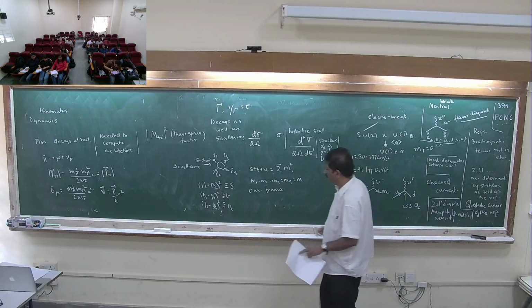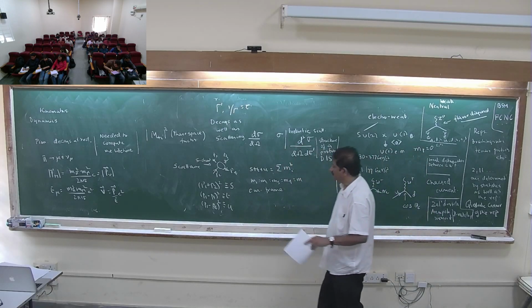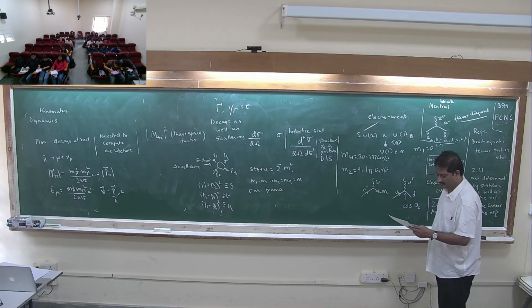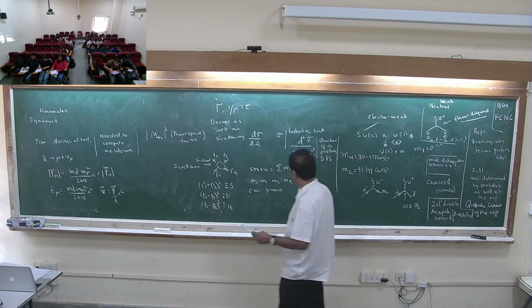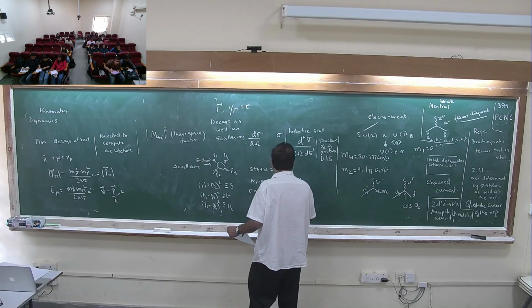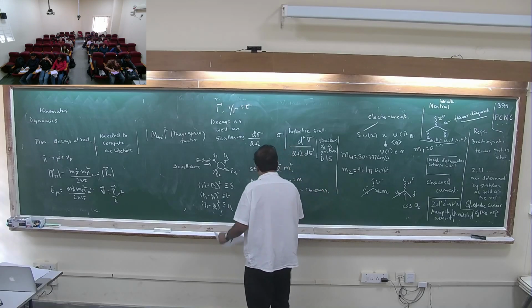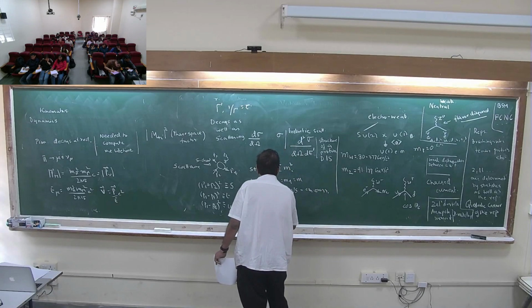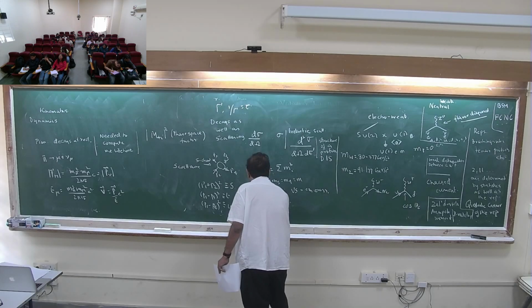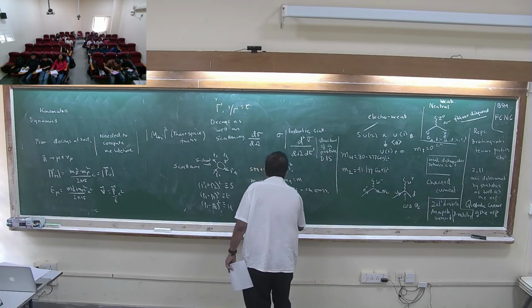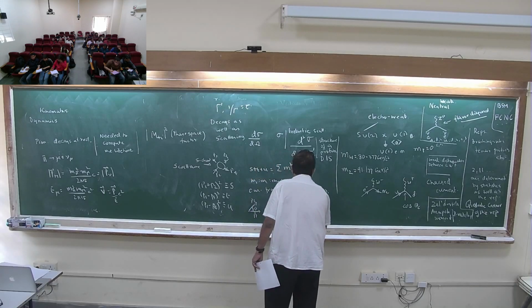There are all kinds of frames, but we always like to stay in the center of mass frame. And here, root S is called the center of mass energy. And cosine theta, where theta is the angle between P1 and P3, is easy to remember: T minus U by S minus.